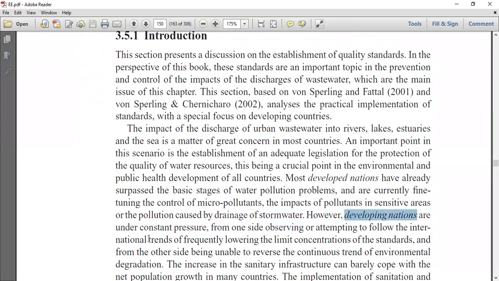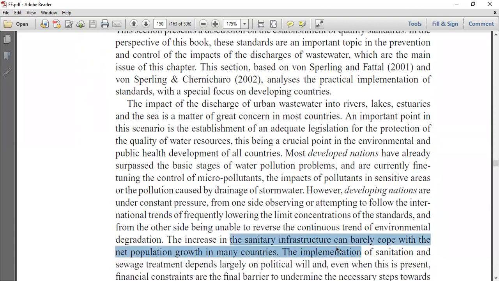However, developing nations are under constant pressure from one side, observing or attempting to follow the international trends of frequently lowering the limit concentration of the standard, and from the other side, being unable to reverse the continuous trend of environmental degradation. The increase in the sanitary infrastructure can barely cope with the net population growth in many countries.